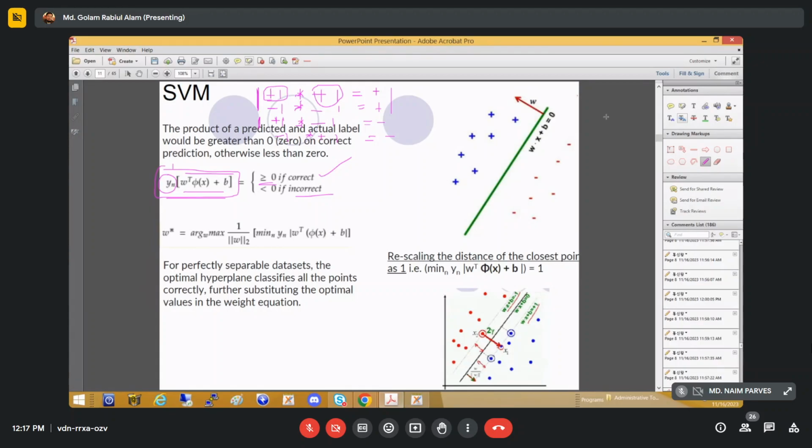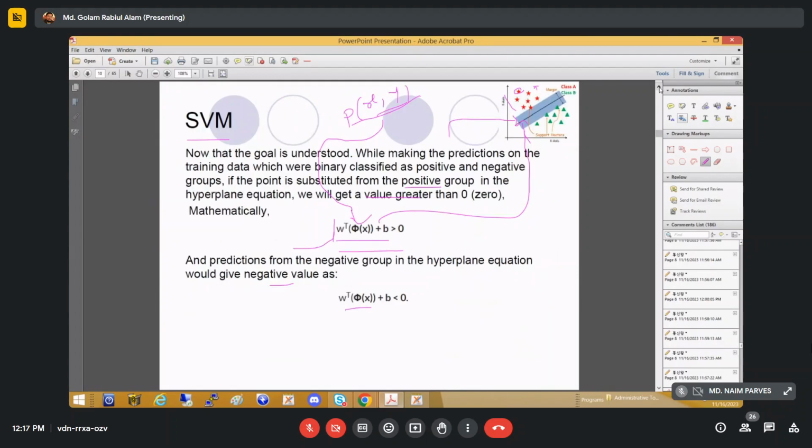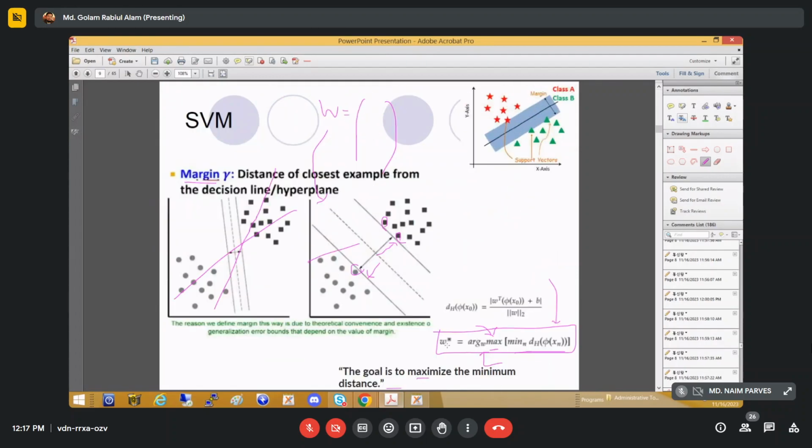Previously we had this equation. We need to find the optimal W based on this, that is argmax over W of the min distance. This is our distance function.